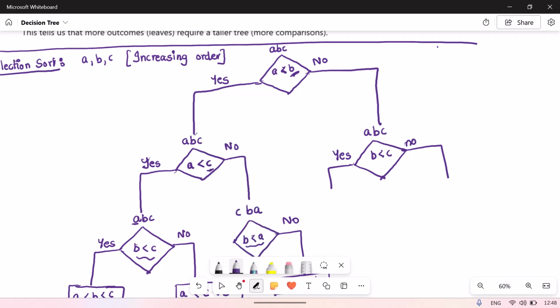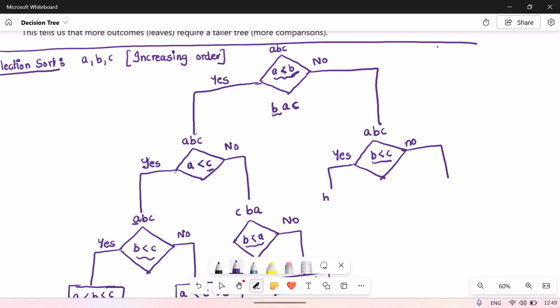Let us see here. A is less than B. No, that means A is not at the correct position. Because of this, I will get first B, then A. Because of this condition, B is less than C, that means B is lesser than C, and then C will come here.